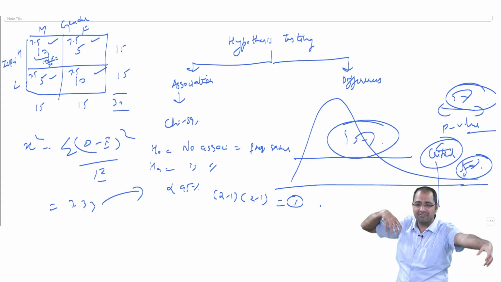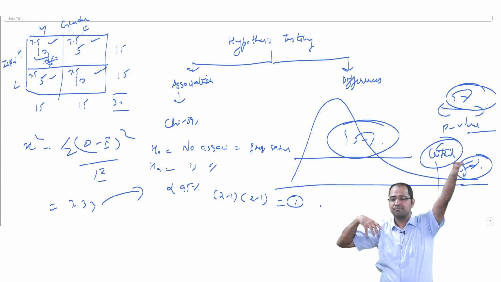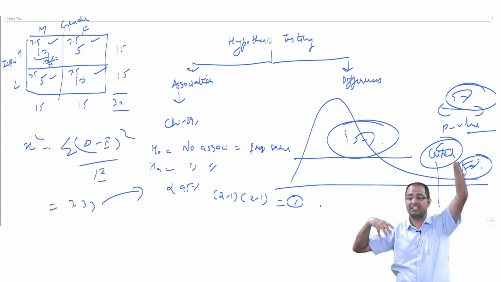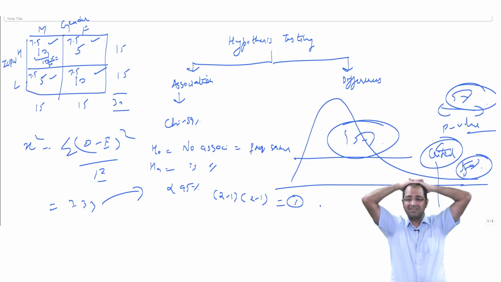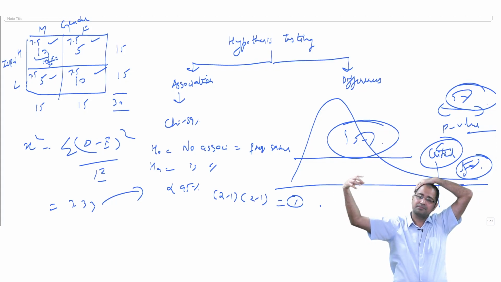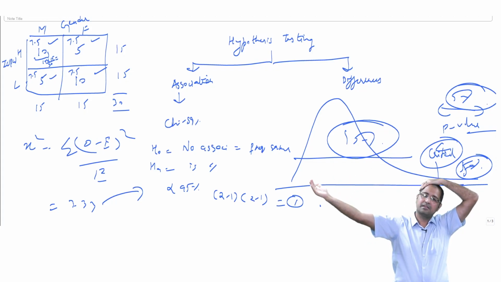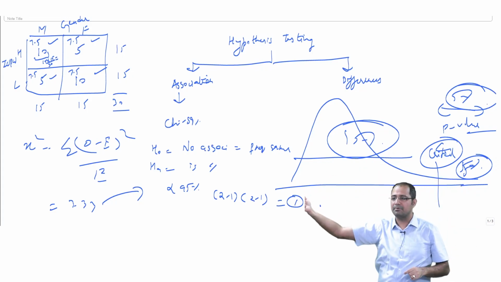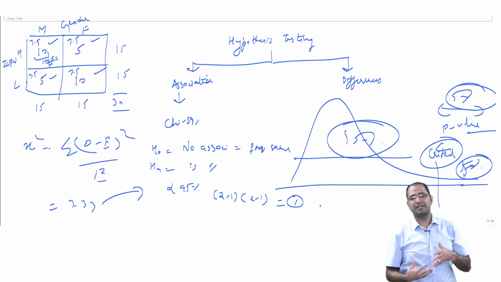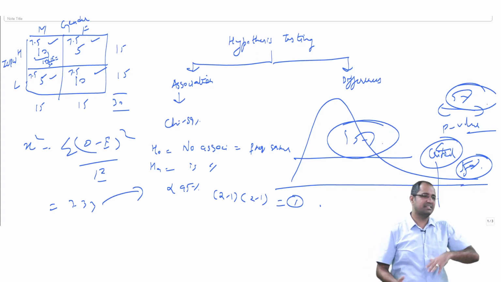There is a 95% probability that from a population where there is no association, you will get a sample where there is no association, and there is only 5% chance that you will get otherwise. So if you get a sample which has a significant difference from the expected, you conclude that you reject the null hypothesis.